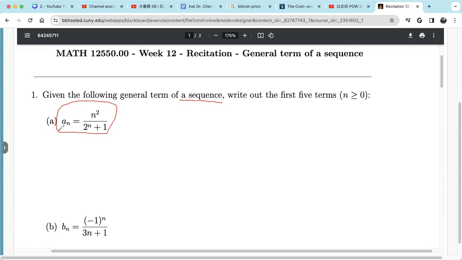This equation, somehow you can think of as a function, but the variable only takes whole numbers as input. So what I mean is this. You could think of this as f of x.